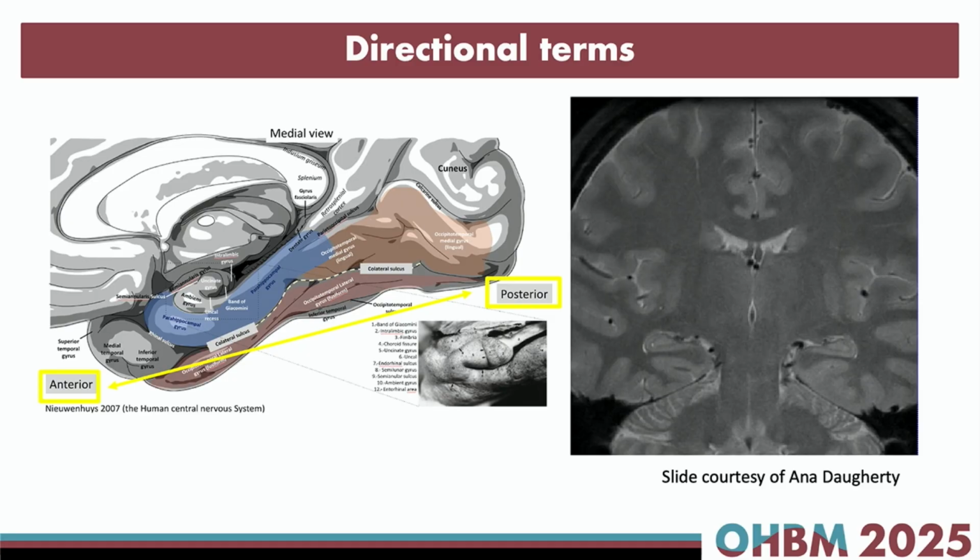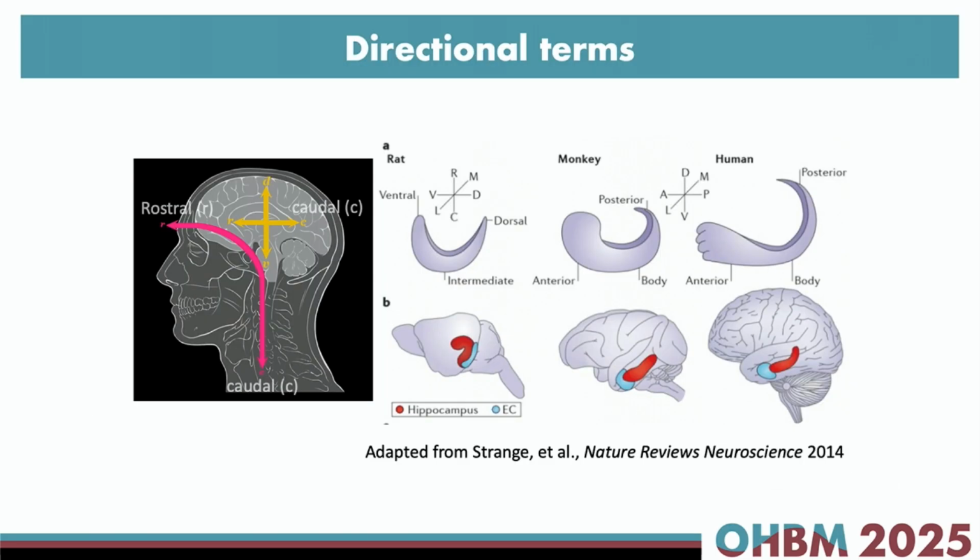If we look at a coronal slice of the hippocampus, we see the hippocampus on both sides of the brain. We have two of them, just like the thalamus, and the medial part is towards the middle, and the lateral part is towards the outer part. We can also talk about the superior or dorsal part of the hippocampus versus the inferior, ventral part.